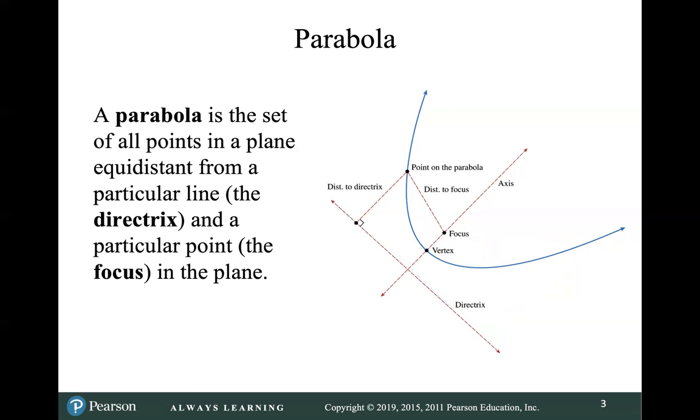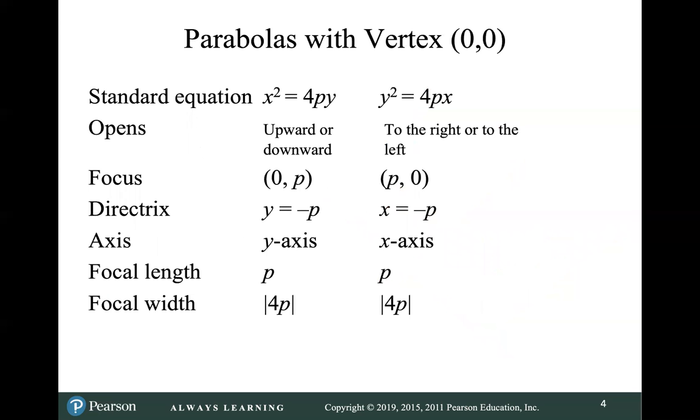So let's look at some of the properties, and we are going to focus only on parabolas with a vertex at 0, 0. So that means I've got 4 options. It's going to open up, it's going to open to the right, it's going to open down, or it's going to open to the left. Okay, 4 possible parabolas that we're looking at, and then transformations of those.